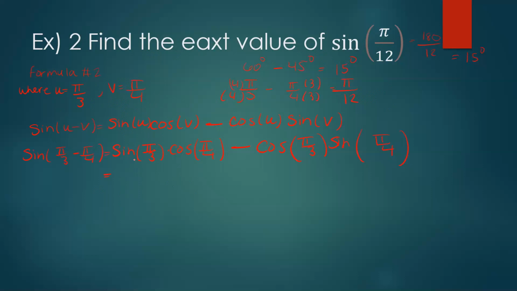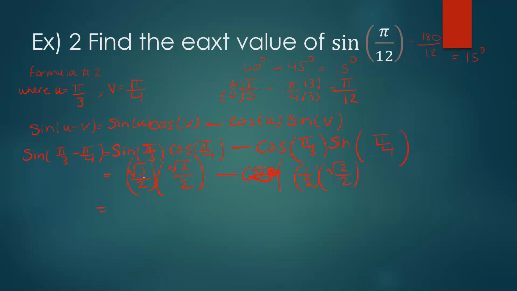So what is the sine of pi over 3? In your unit circle, it is radical 3 over 2. Cosine of pi over 4 is the same thing as radical 2 over 2, minus cosine of pi over 3, which is 1/2, and then the sine of pi over 4 is radical 2 over 2.